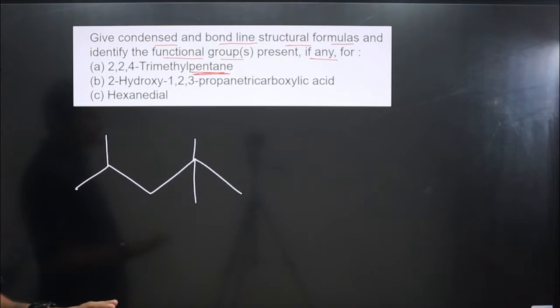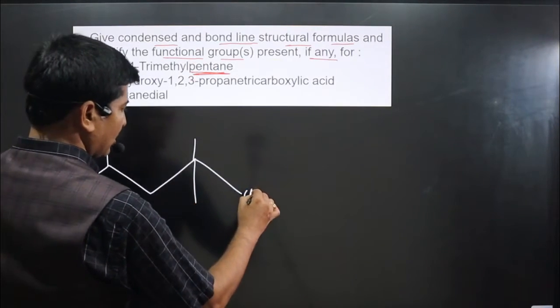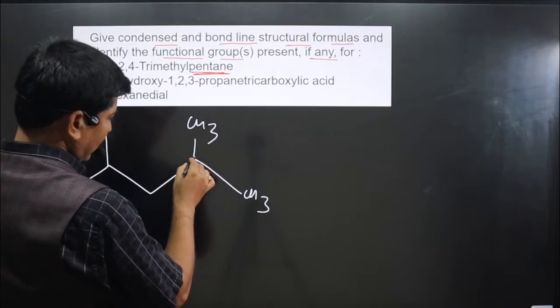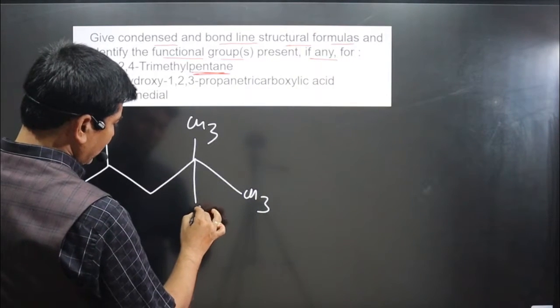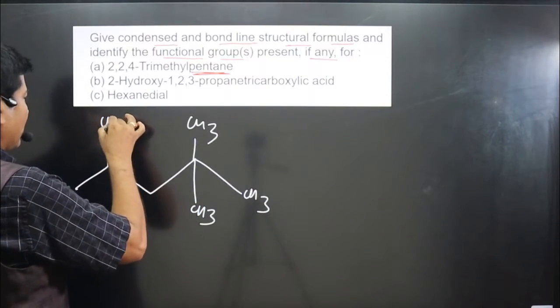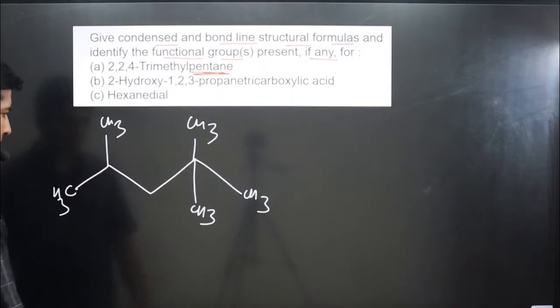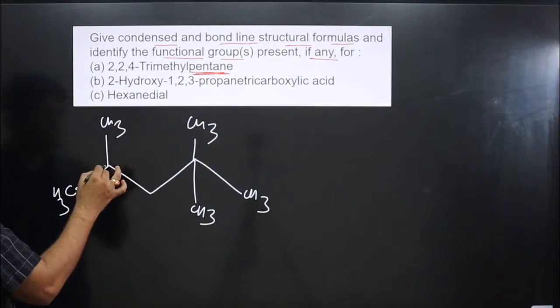If I have to go for the condensed formula, this is what we have. CH3 is there, CH3 is there, and this carbon does not have any hydrogen because it is already forming 4 bonds. This carbon has 1 hydrogen.